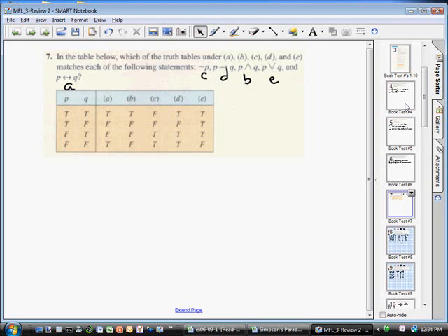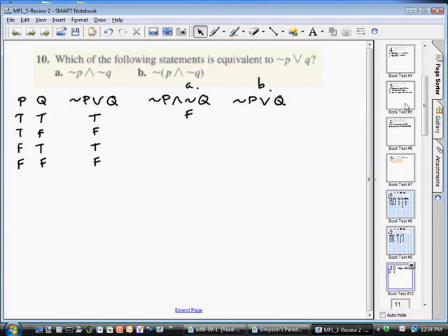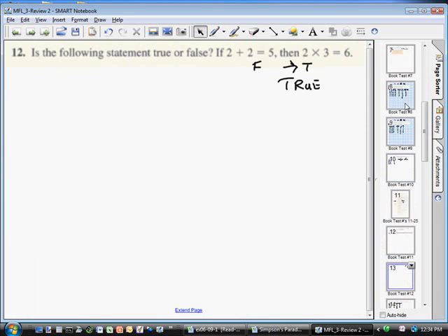Yes. Number 12. 12? Okay. Is the following statement true or false? The 2 plus 2 equals 5 is obviously false, and 2 times 3 equals 6 is obviously true.